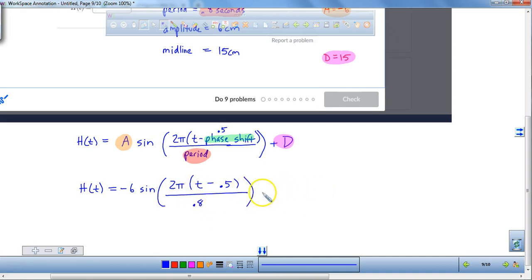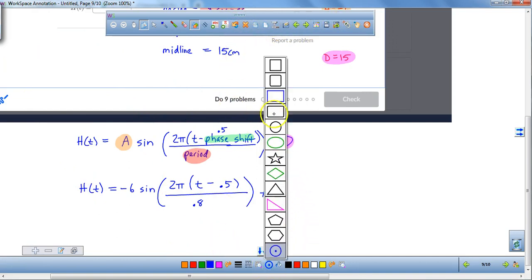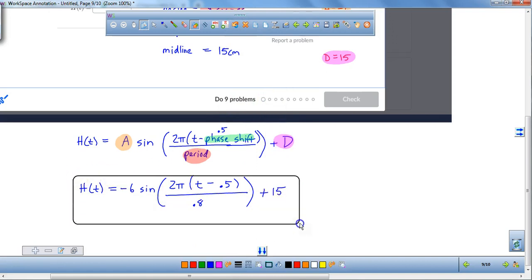Close it, plus 15. And like I said, before I type this in to the Khan Academy, once again I'm going to type it into Desmos and make sure that everything looks accurate.